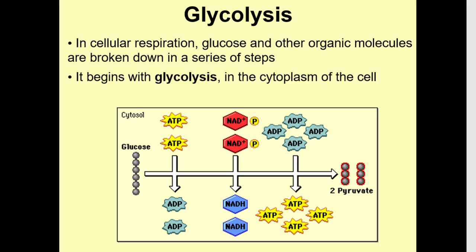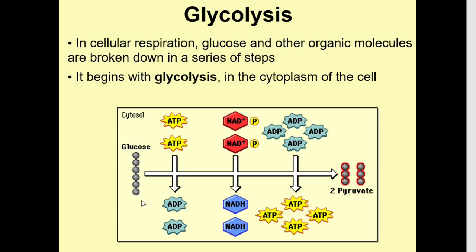Each one of these processes is being facilitated by specific enzymes. So when you see something that's happening within cellular respiration, if there's any kind of reaction going on, something being made, something being broken apart, you can be pretty sure that there's an enzyme at work there.